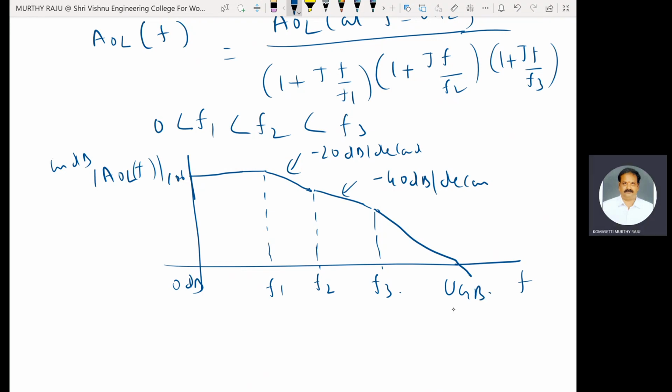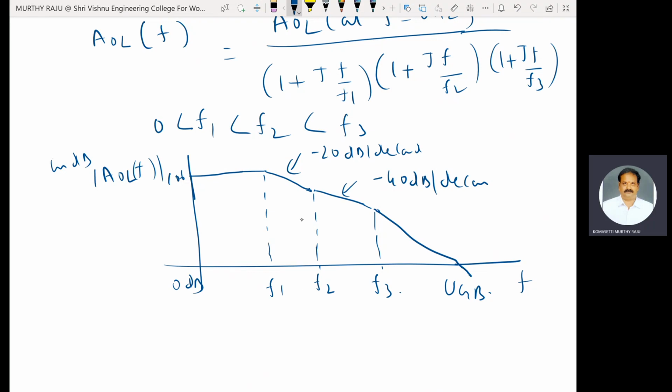The operating frequency F is equal to the unity gain bandwidth product or gain crossover frequency. At that frequency, the open loop gain of an operational amplifier is 0 dB or 1. This is considering the stages of the operational amplifier. We use some compensation techniques.